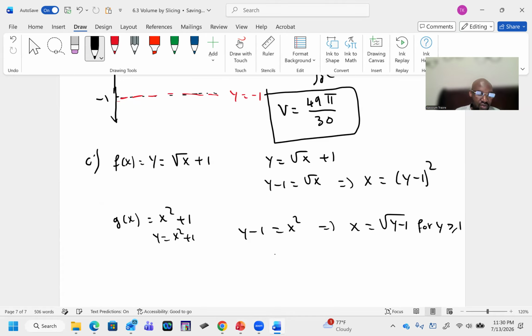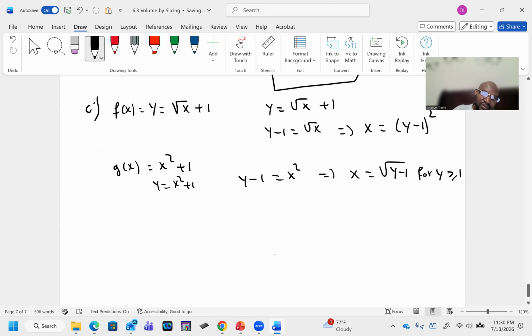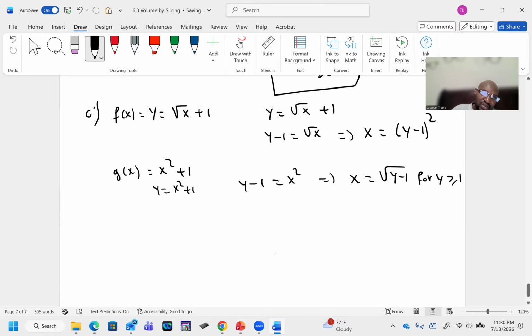So now, since we have that, when the graph of f is revolved, we have both in terms of x, right?